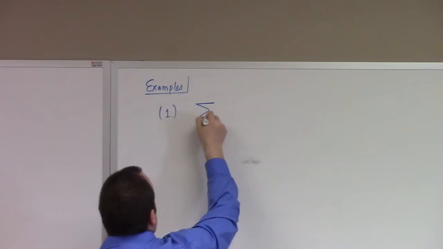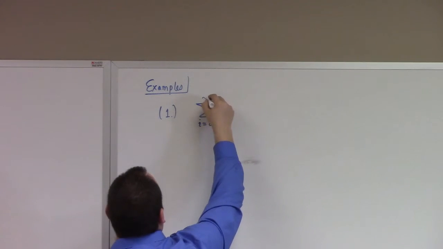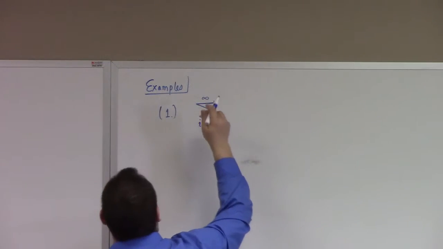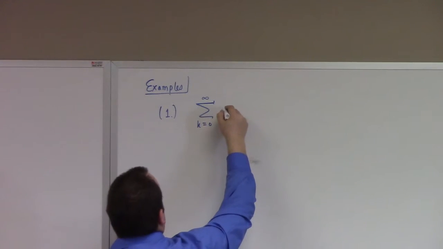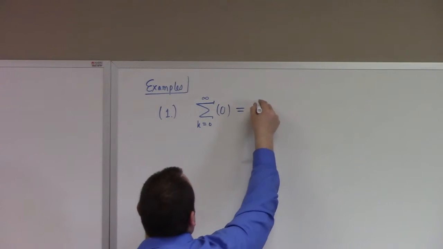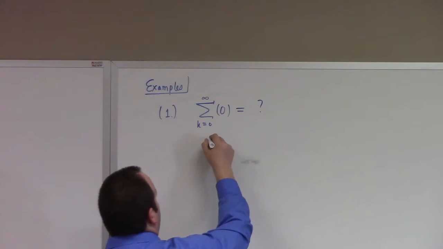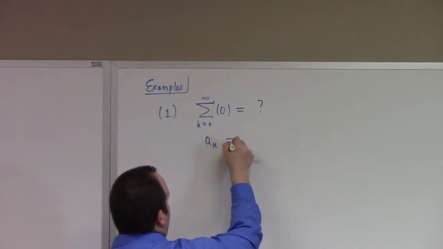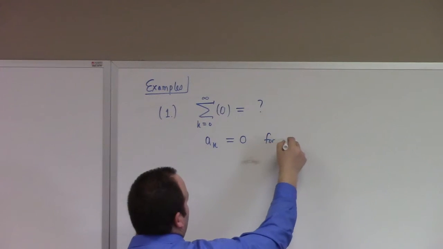How about the sum k equals 0 to infinity of 0? I'll try to use k. So what's a sub k in this case? It's 0.